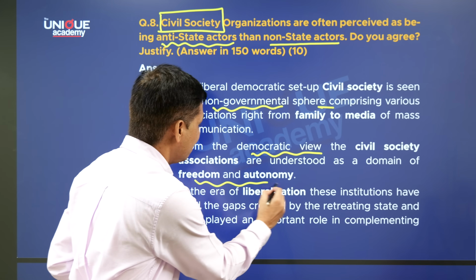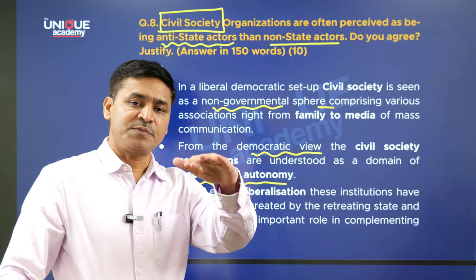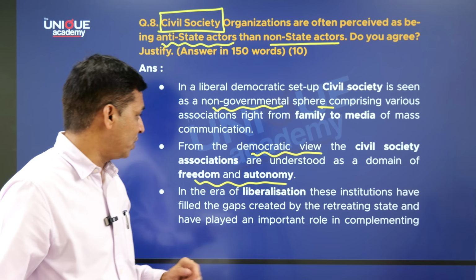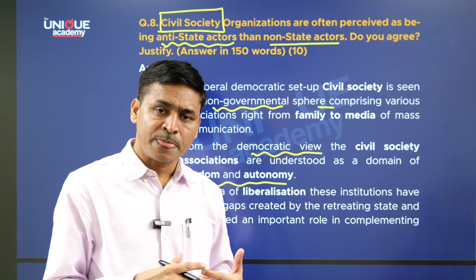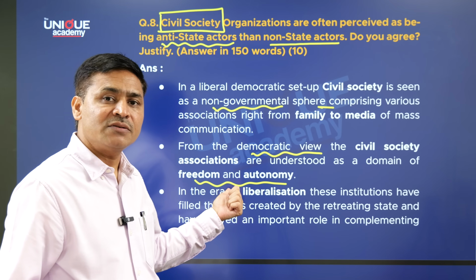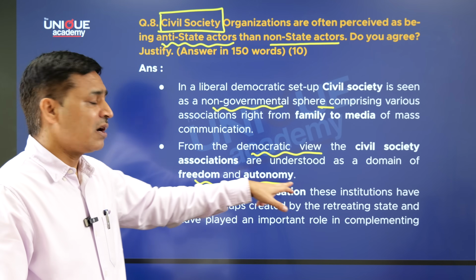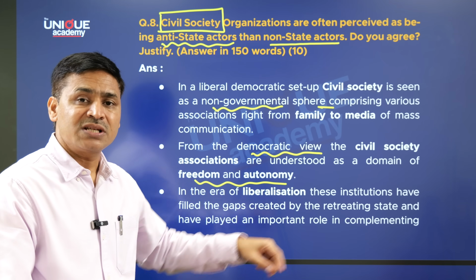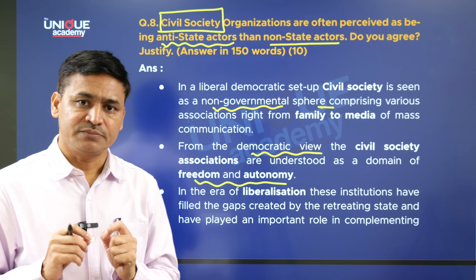This is a very significant feature of the concept of civil society from the liberal democratic perspective, because in civil society we are free to choose whatever we want to choose. Therefore it is looked at as the sphere of freedom and autonomy. Now, in the era of liberalization, something important has happened to civil society.